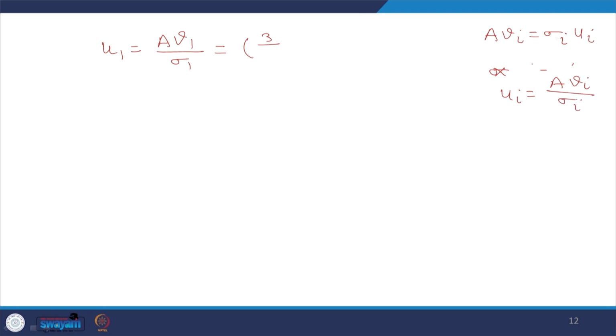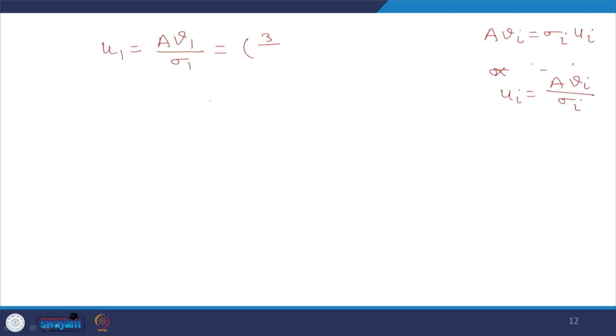Now, how to calculate U? Here u1 will become A into V1 upon sigma 1. Instead of calculating the usual way, I am doing this, because from the singular value decomposition you have A Vi equals sigma i ui, so ui equals A Vi upon sigma i.